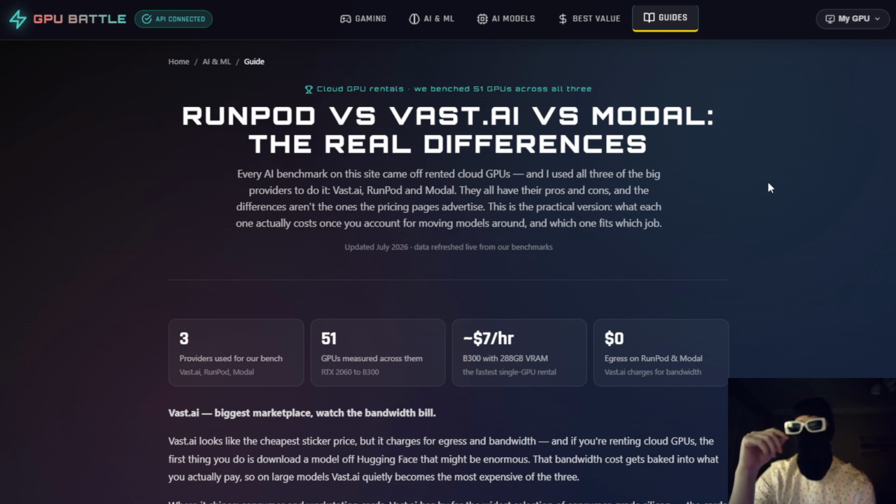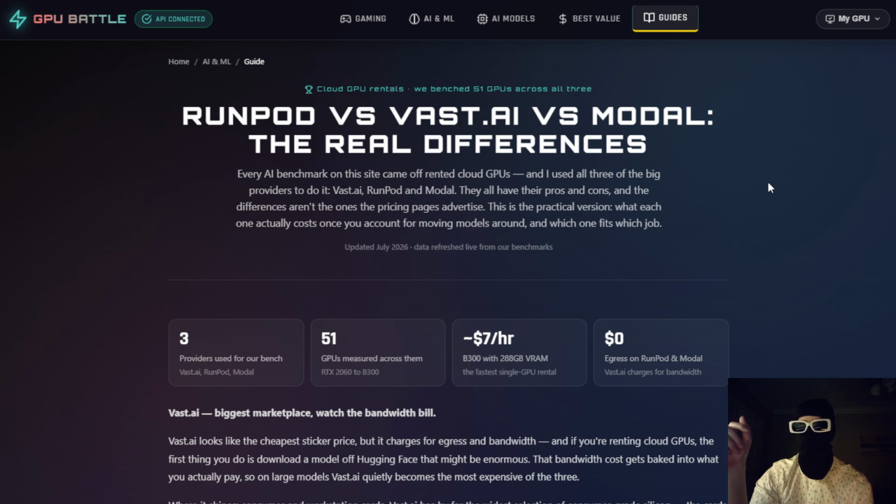So what you start to realize is that Vast.ai is really good when you're looking to rent a super cheap consumer GPU because they have the largest marketplace. But if you want to run larger workloads, you either want to use RunPod or Modal.